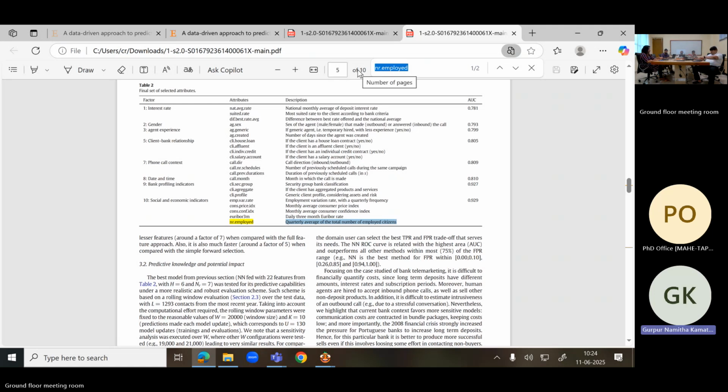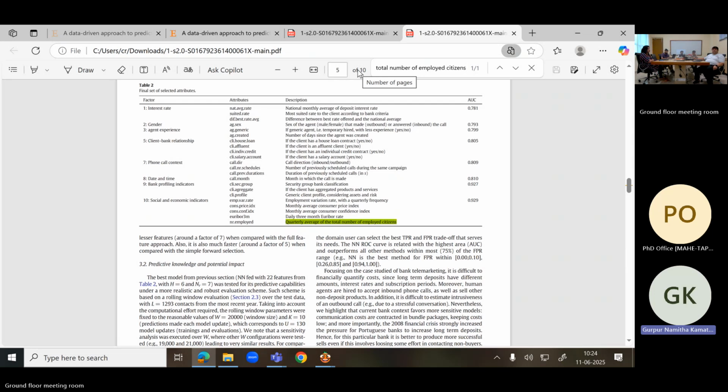I think it matters in the sense, sir, if you look at the other variables, the NR employed, the quarterly average. First of all, it's about the call schedules, and it's bank data.